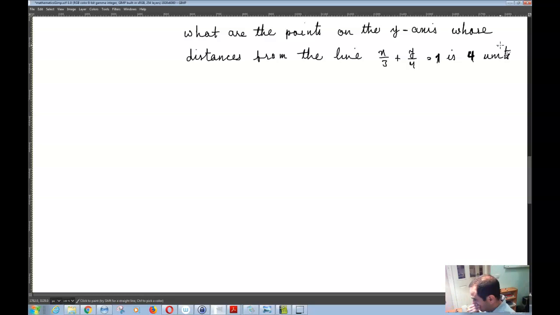Okay, so let's take a look at this situation first graphically, see what this is. So this line over here is basically 12x divided by 3 plus 12y divided by 4 is equal to 12.